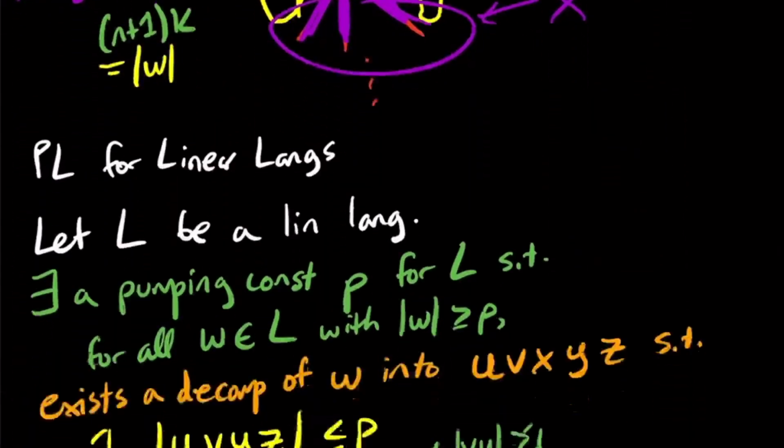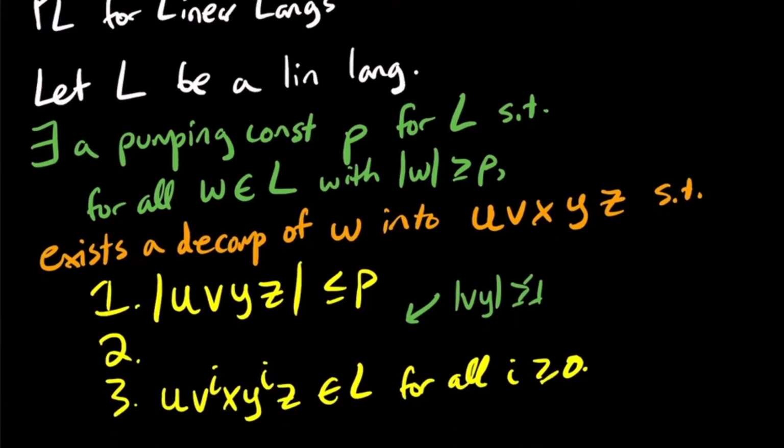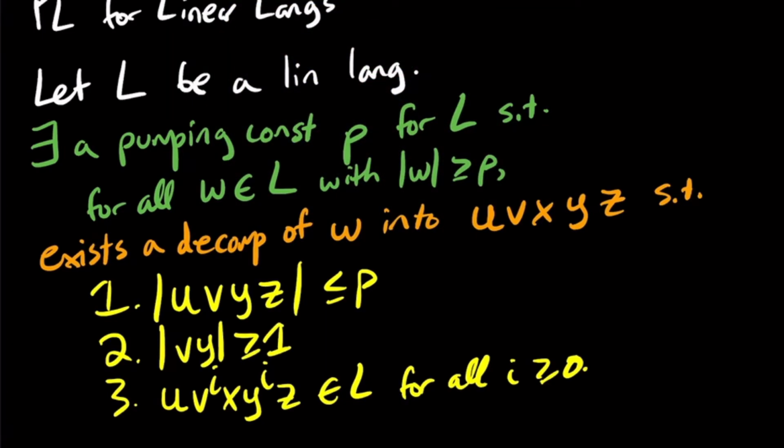And that actually turns out to be crucial in some of the proofs using the pumping lemma for linear languages. So here, we're going to have vy having length at least 1. So the last 2 conditions are identical to the context-free pumping lemma. This one is the one that makes it different.